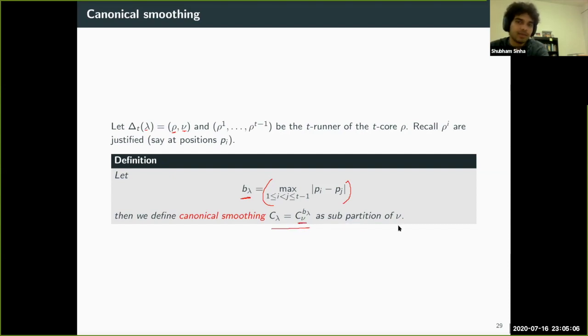These smoothings are defined for the t-quotient, so they are obviously subpartitions of the t-quotient.